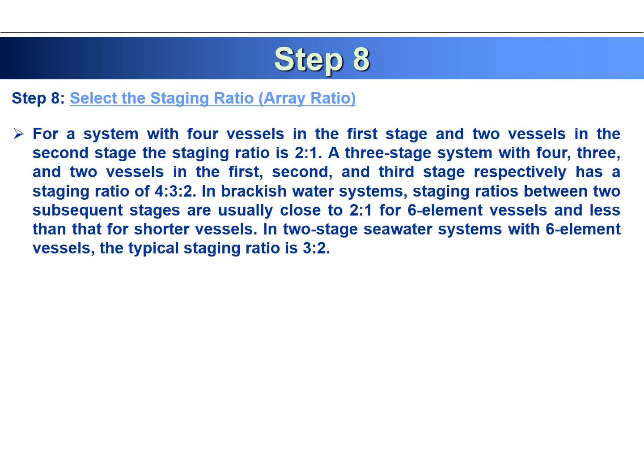In brackish water systems, staging ratios between 2 subsequent stages are usually close to 2 to 1 for 6-element vessels, and less than that for shorter vessels. In a 2-stage seawater system with 6-element vessels, the typical staging ratio is 3 to 2.